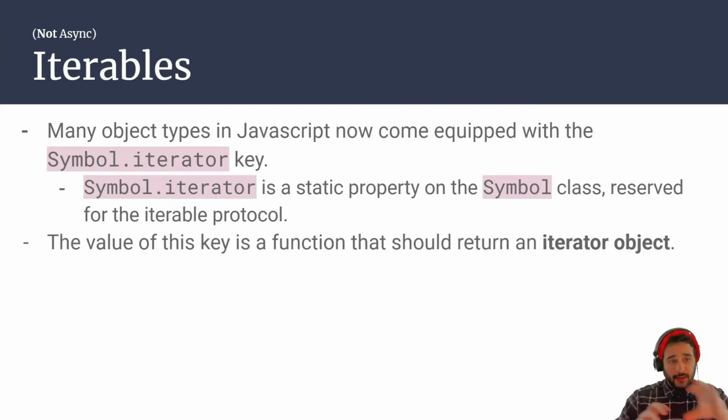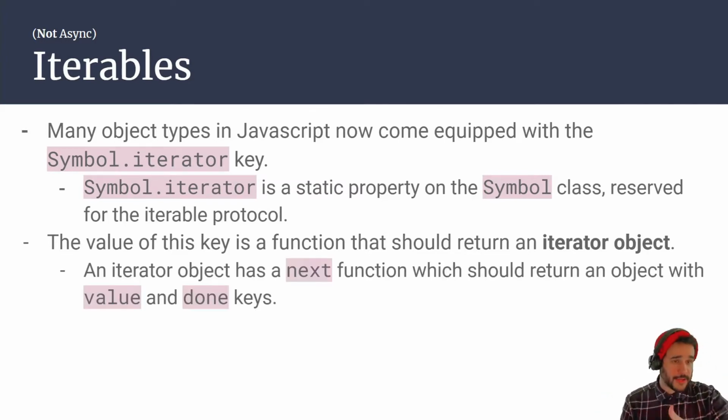The value of this key is a function that should return an iterator object, one that follows the iterator protocol. That is, the object has a next key on it whose value is a function, and that function, when invoked, should return an object with a value property and a done property.